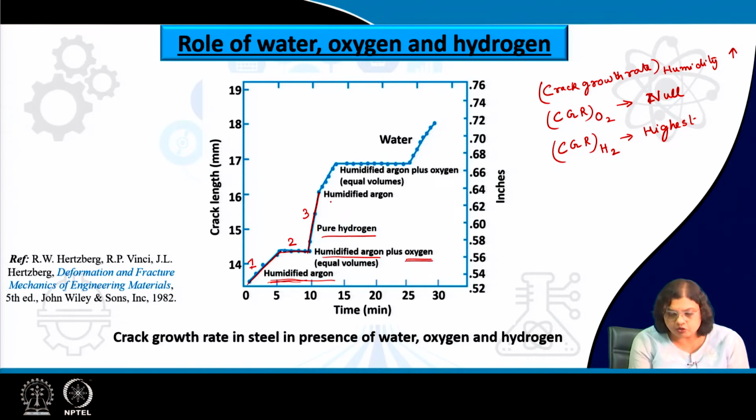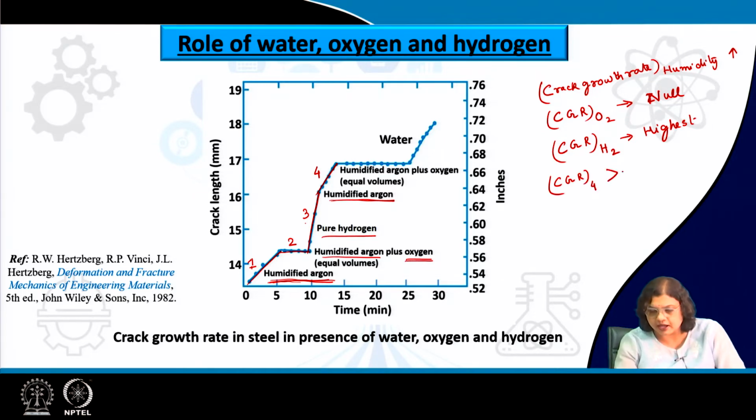Once again, if humidified argon is applied to it, we see in step 4 that this also grows quite fast, although not as fast as hydrogen. So, the growth rate has reduced to some extent compared to step 3, but the conditions for step 1 and step 4 are the same. In both cases we are using humidified argon. Okay. But what we can see here is that the crack growth rate for step 4 is higher than the crack growth rate for step 1.